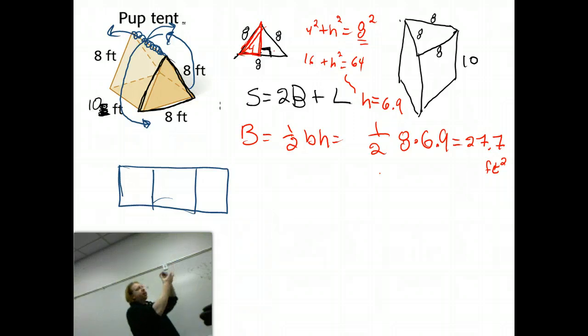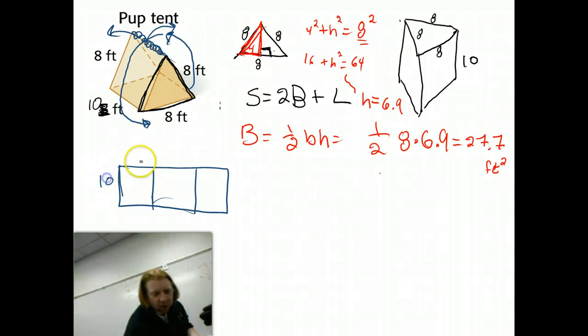I just found the area of that front triangle. That's the 27.7 square feet. I know the area of the back triangle. That's 27.7 square feet. So now I've got to lay it flat. And now I've got a rectangle to work with. That rectangle is going to be 10 tall, and each of those pieces in the rectangle is 8. So let's write that down.